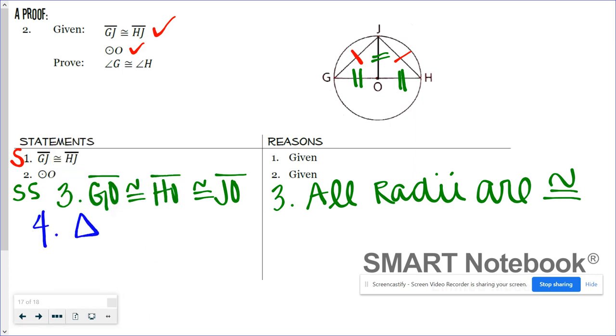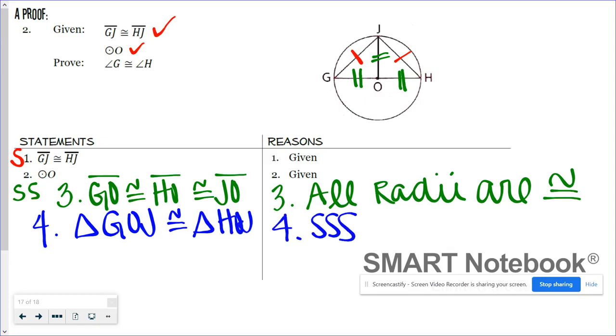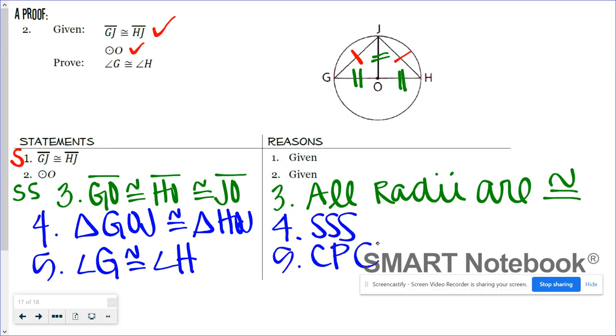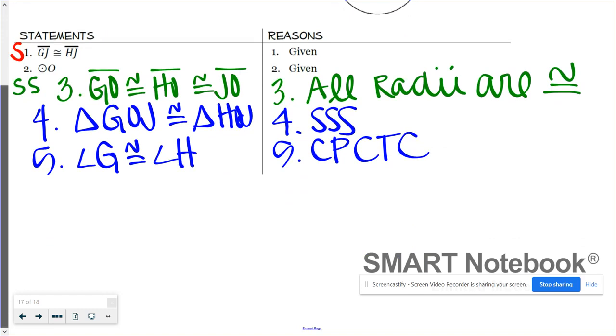So I can say that triangle GOJ is congruent to triangle HOJ, and it's because all 3 pairs of sides are congruent. And then finally, I can say that angle G is congruent to angle H. Why? Because they are corresponding parts of congruent triangles, therefore they are congruent.